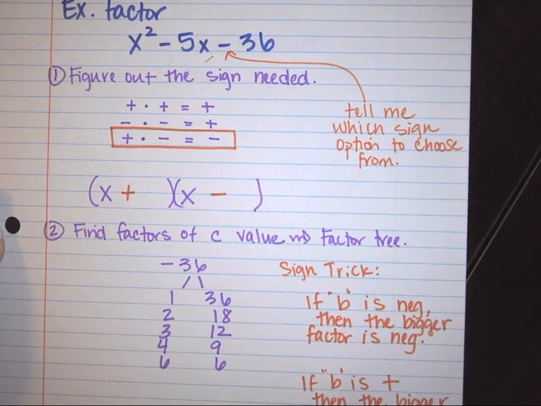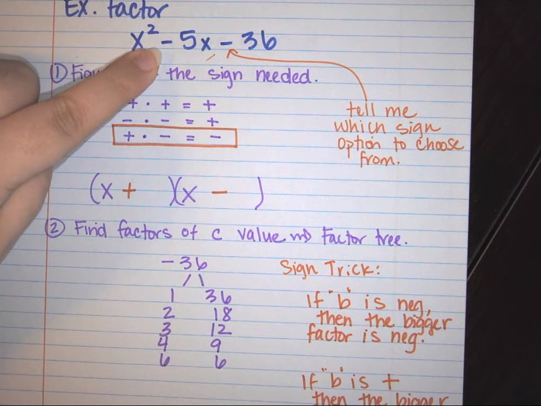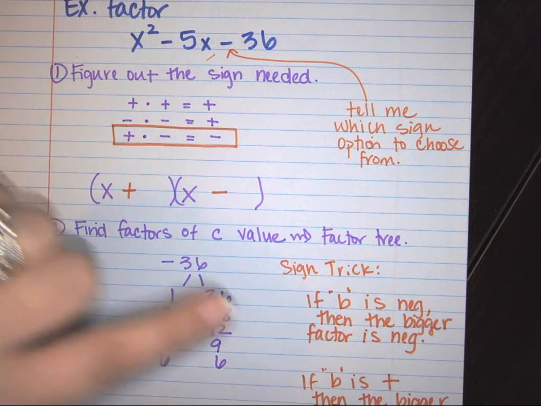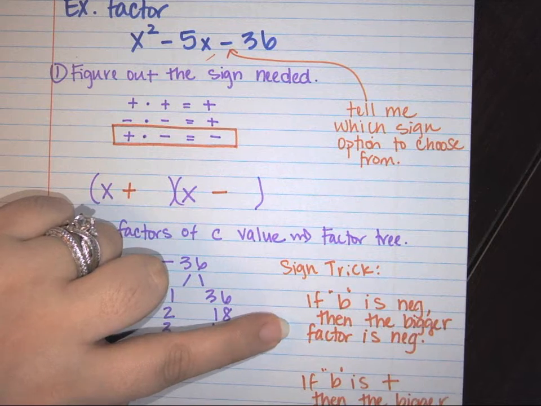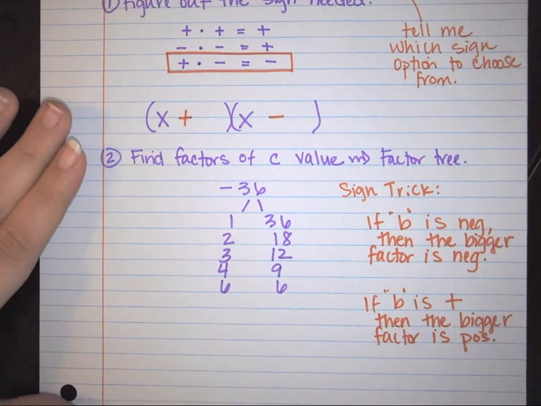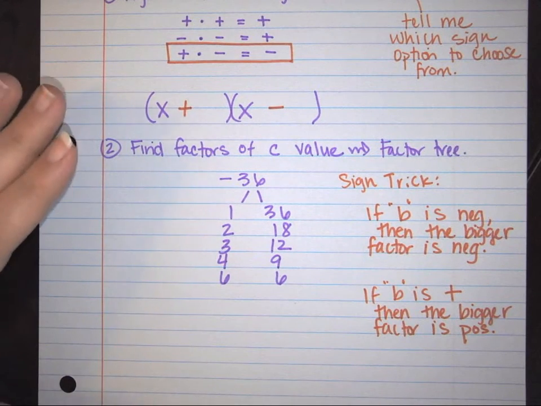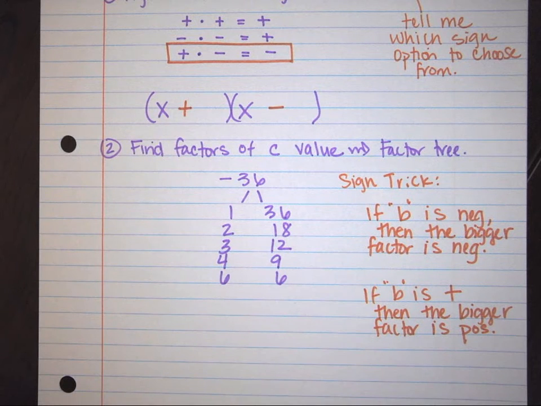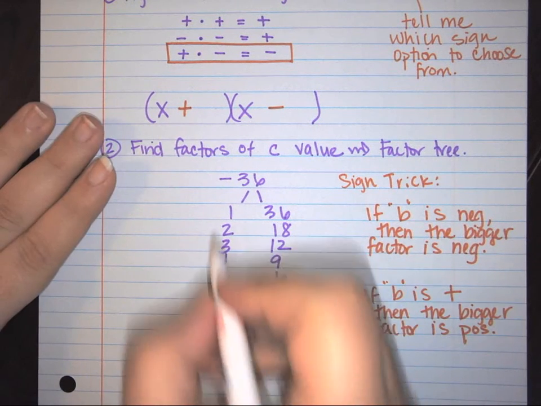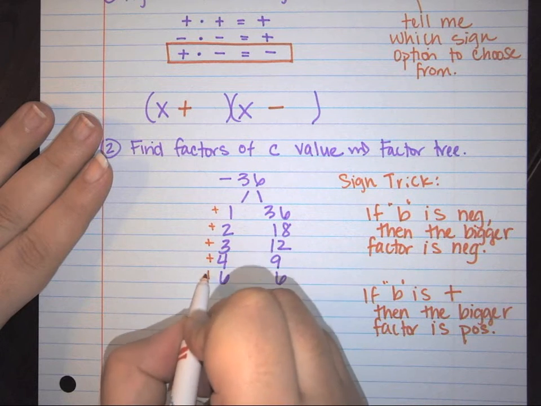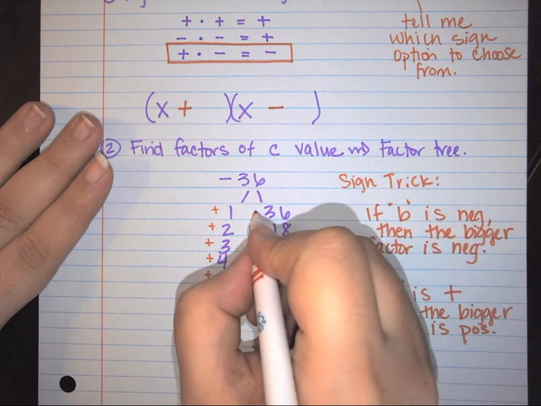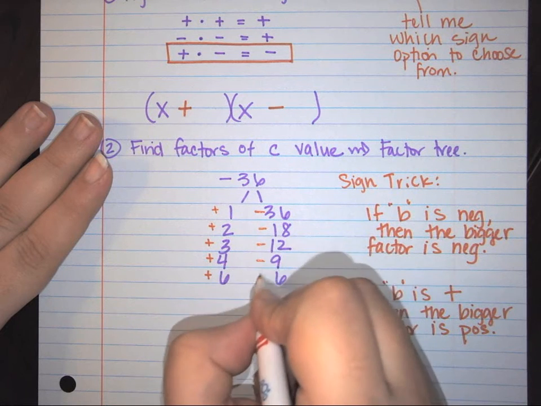So in this case, my b value here is a -5. So I'm going to use the trick that since my b is negative, the bigger factor has to be negative. So the first thing I'm going to do is input that trick into my factor tree. I know all of my smaller factors are going to be positive numbers, and all of my bigger factors would be negative numbers.